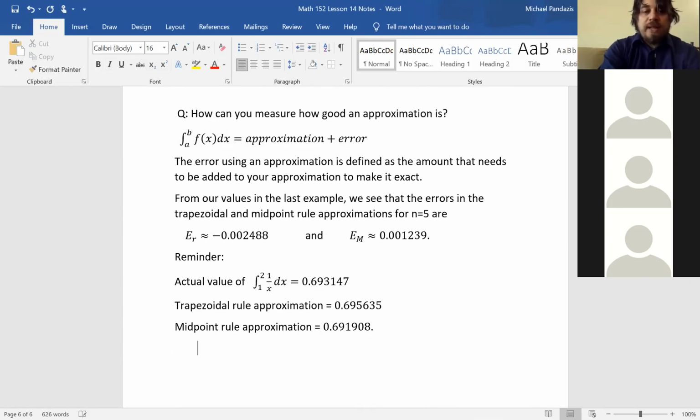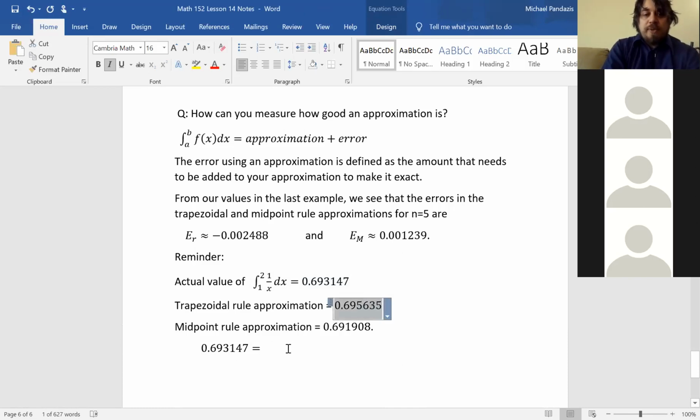So the actual value is equal to the approximation, which is this for the trapezoidal rule, plus the error using the trapezoidal rule.